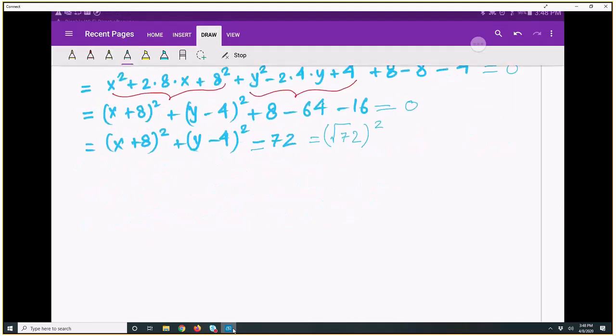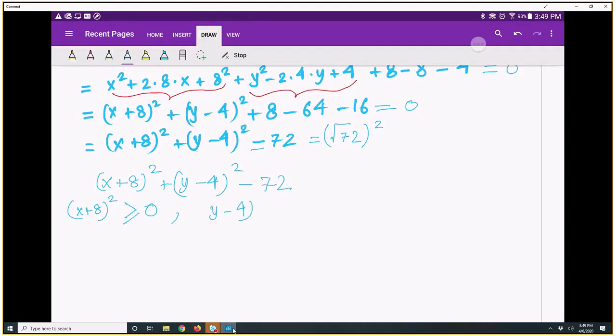My relationship was x plus 8 whole to the power 2 plus y minus 4 whole square minus 72. Now I'm getting back to the relationship. Now think about x plus 8 whole square. The minimum possible value of this is 0 because this is a perfect square term. Similarly, y minus 4 whole square, the minimum possible value is also 0, cannot be any lower than 0.